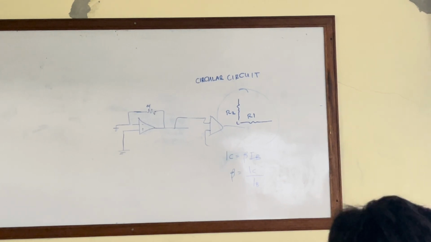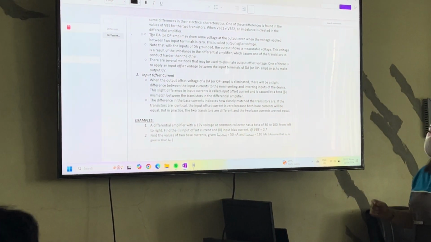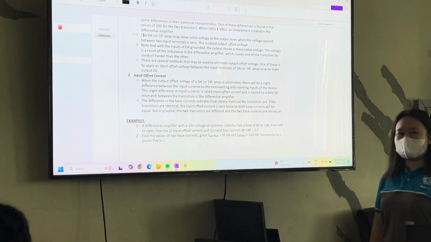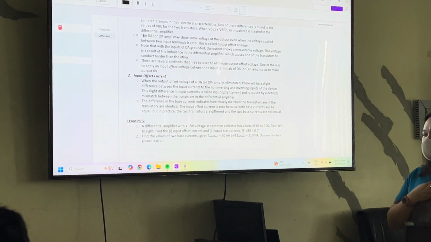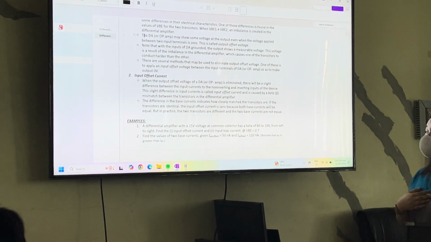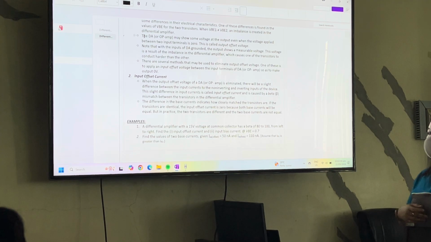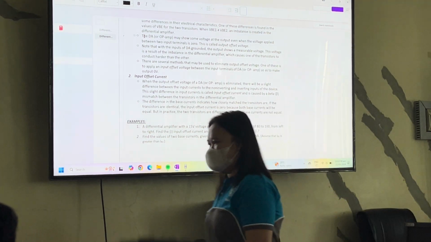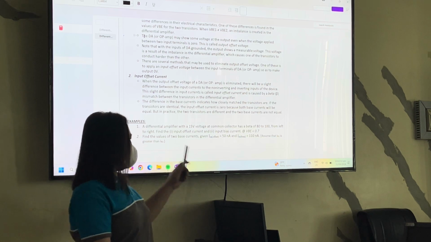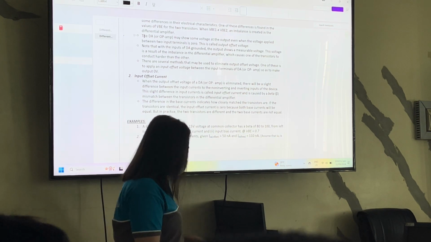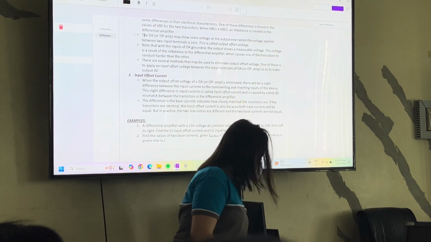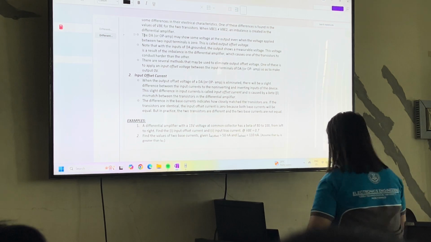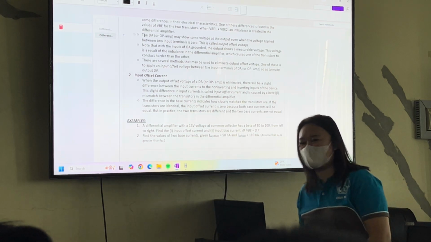A differential amplifier with a 15 volt voltage at common collector has a beta of 80 to 100 from left to right. So, ato na siya visualize. You know how to draw this first sentence, class? Are you still with me?